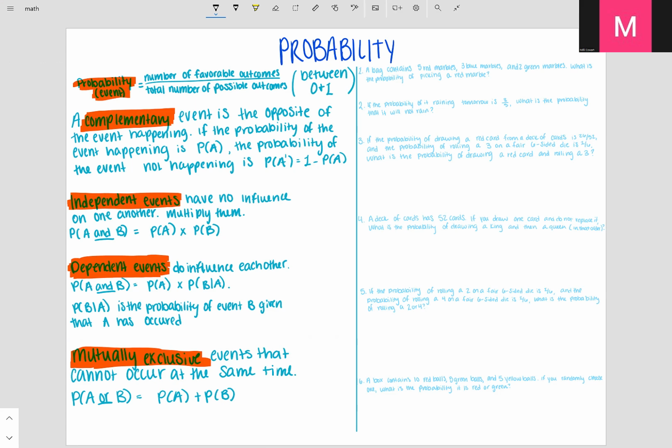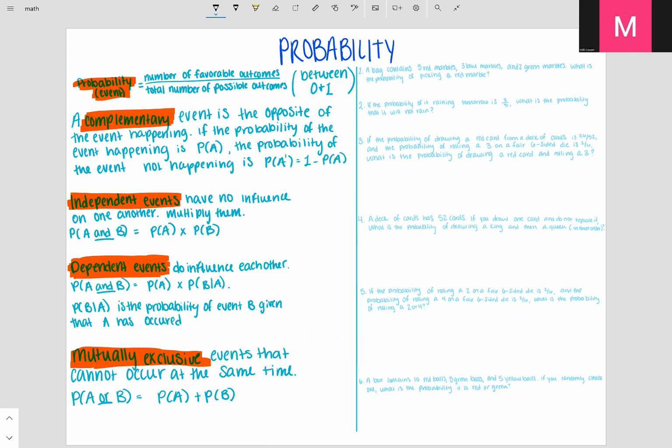Independent events have no influence on one another, so you multiply them. Dependent events do influence each other. So these will both say A and B, but in the case they are dependent events, you'll have P of A times P of B given A. And P of B given A is the probability of event B given that A has already occurred.